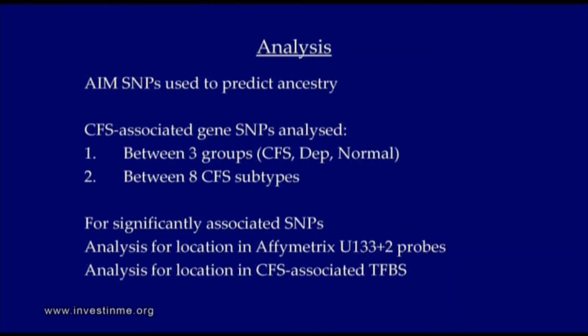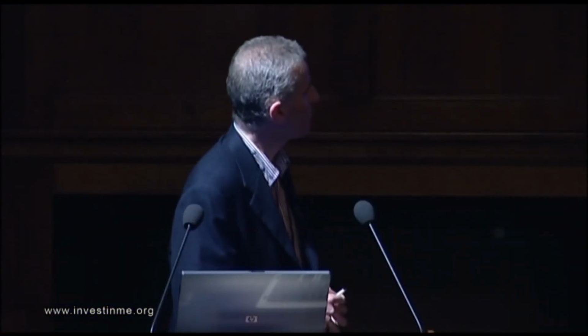So the ancestry informative marker SNPs were used to predict ancestry, and CFS-associated gene SNPs were analysed between CFS and normal, CFS, depression and normal, and between the 8 CFS subtypes.